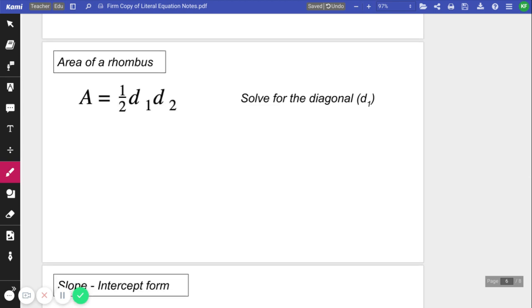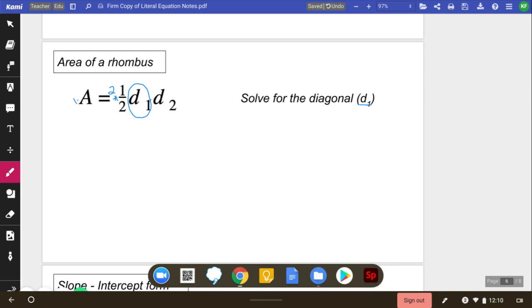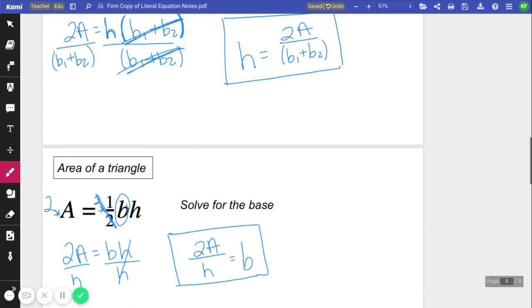The next one, area of a rhombus. This is area equals 1/2 times d1, which stands for diagonal 1, times diagonal 2. We're solving for diagonal 1. You probably are already anticipating this first step. We want to, again, get rid of that fraction by multiplying both sides by 2.